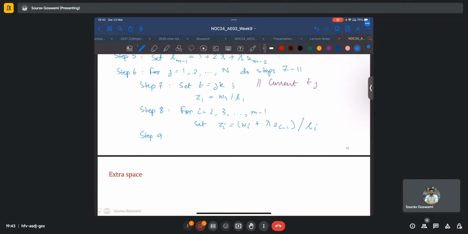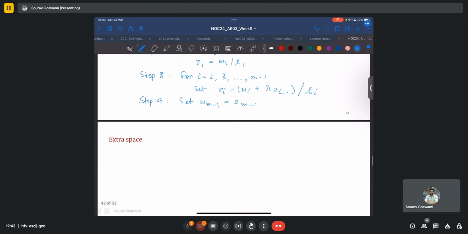Step 9, we set W(m minus 1) equal to z(m minus 1). Step 10, for i equals m minus 2, m minus 3 till 1, we set Wi equal to zi minus ui times W(i plus 1).